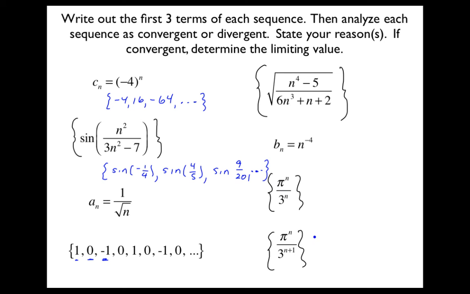Do I need to keep writing out the first 3 terms? It should be easy, but it's the mindset that you have when you see a sequence. That's why I'm asking you to write out the first 3 terms, because when you look at each of these, you think a list, a list of terms, a list of values.